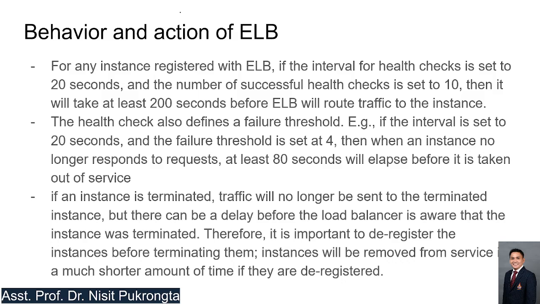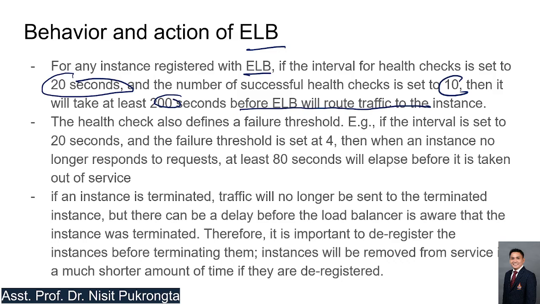In the behavior and action of the elastic load balancer, for any instance registered with the ELB, if the interval for health check is set to 20 seconds, and the number of successful health checks is set to 10, then it will take at least 200 seconds before ELB routes traffic.